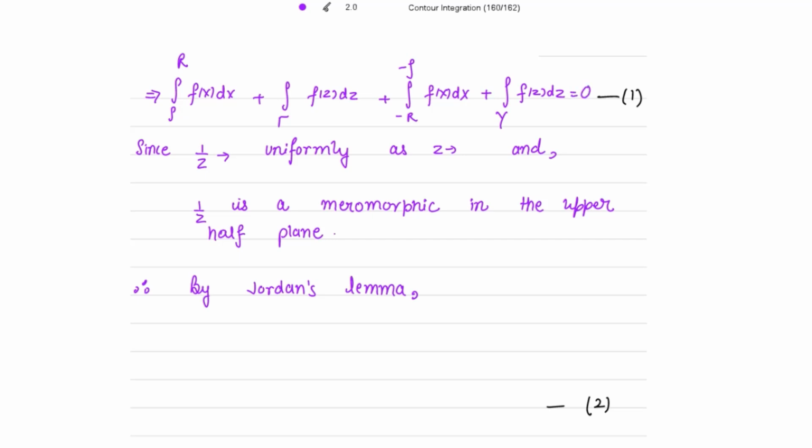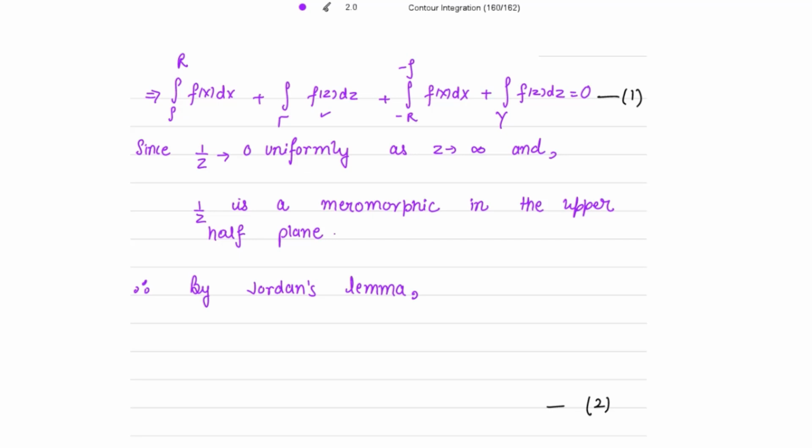Fine. Okay, now since 1 by z is tending to 0 uniformly as z tends to infinity, and 1 by z is meromorphic in the upper half plane, by Jordan's lemma this second integral is equal to 0.